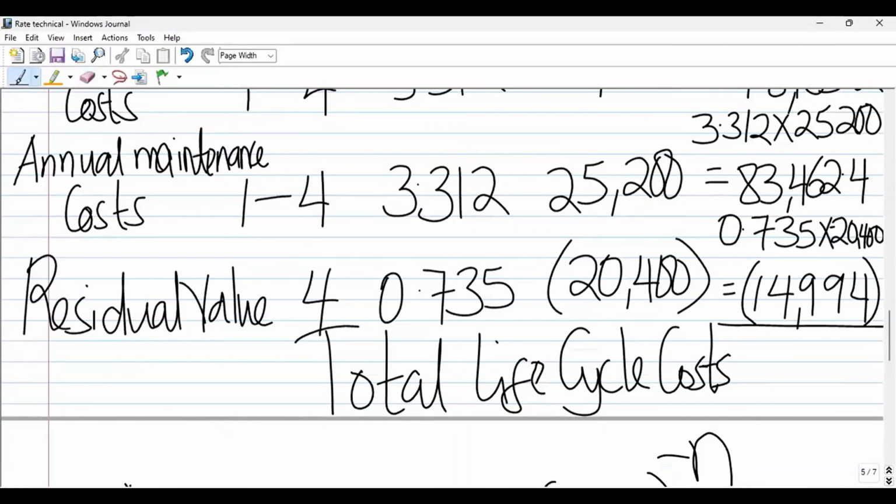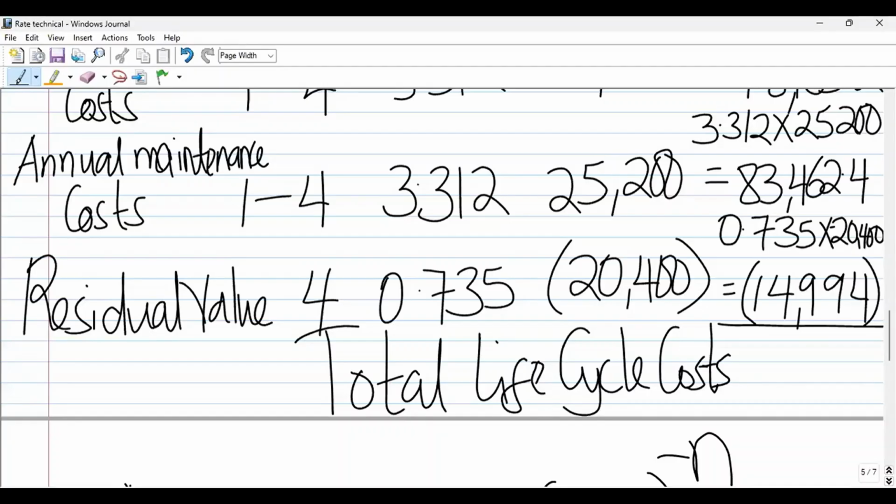After 4 years, if we are to take into consideration inflation and all other factors that could affect the value for money, that means 2,400 will be equivalent to 14,994 then. So currently we are expecting our residual value to be at 2,400. But if we put into consideration time value for money, 2,400 becomes 14,994.